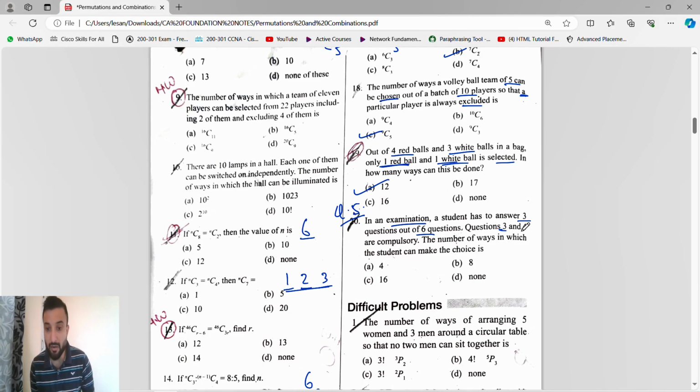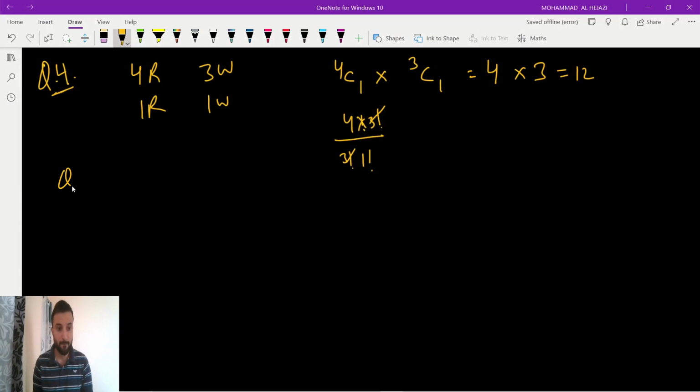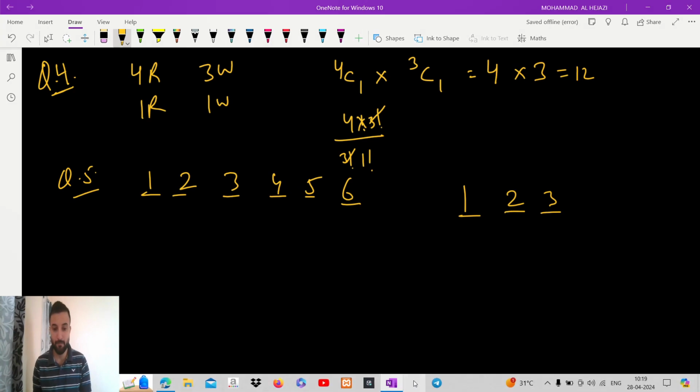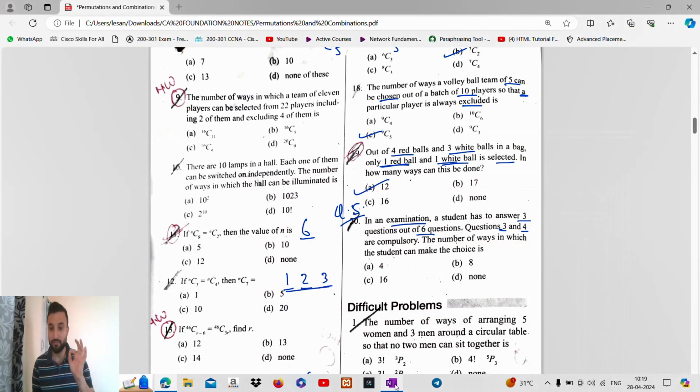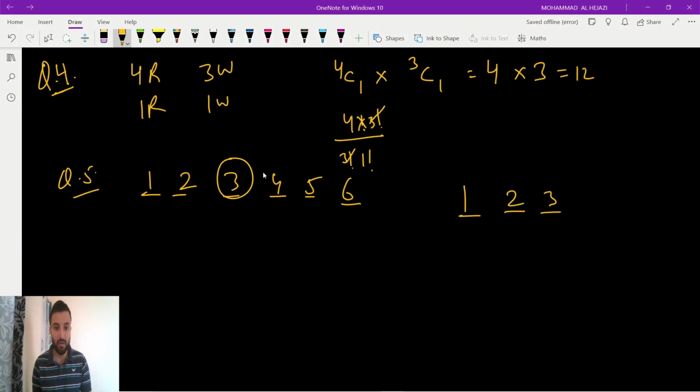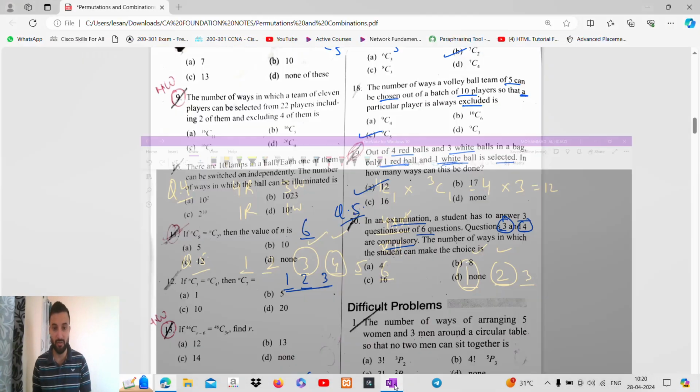Question number 3 and question number 4 are compulsory. Think we have a total of 6 questions here, question number 1, 2, 3, 4, 5, 6. From these 6 questions the student has to answer any 3. Question number 3 and 4 are compulsory, which means we cannot change these two questions.